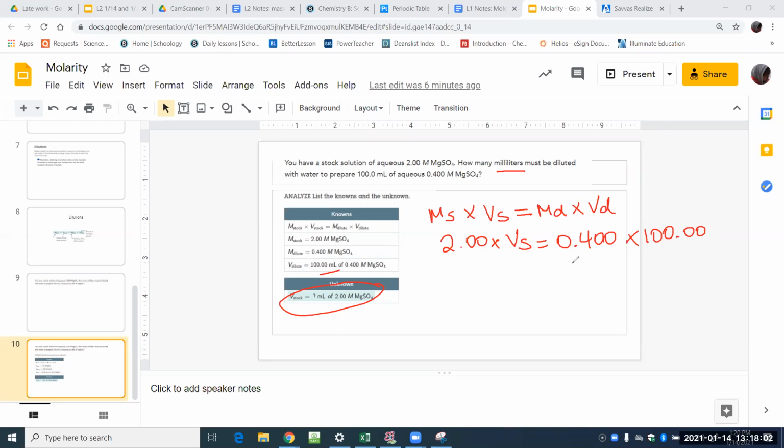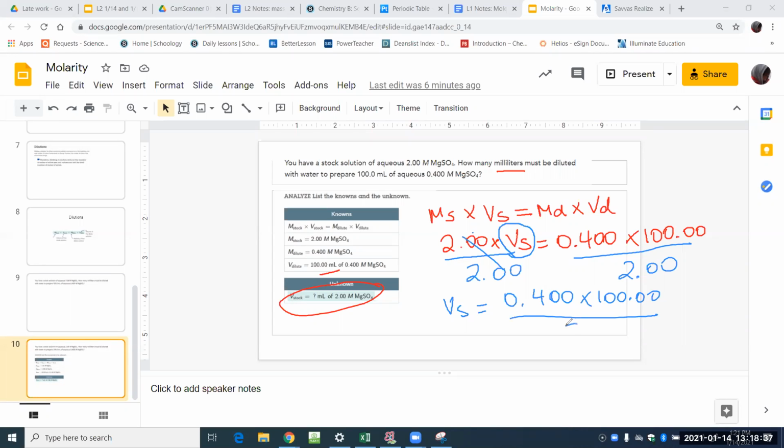It becomes again just a quick algebra manipulation. This is your x, right? This is what you're trying to solve for. So I need to remove this 2. This 2 is totally in my way, so let's remove it before we go any further. Perfect. So now I have Vs equals 0.400 times 100 divided by 2.